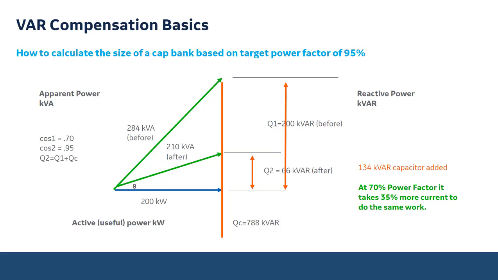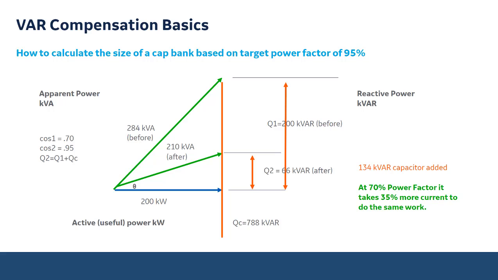So the required apparent power before and after adding a capacitor bank: again, you're showing here your 200 kW of active useful power to turn on a light bulb, turn a motor, or run an inductive furnace, and then 210 kVA, and so you're adding 134 kVAR capacitors.